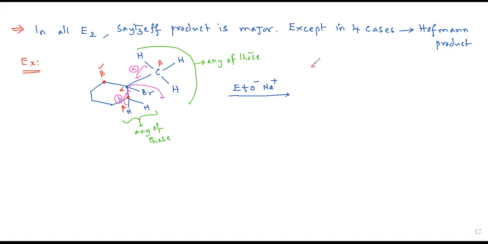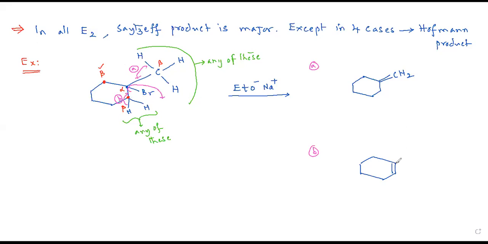Now let us see the product in the first, or the possibility A. What do we get? Come on. Simple. This is where you get a double bond. In this particular case, we got A. Then go for B. Now, this is what you are going to do. Okay.